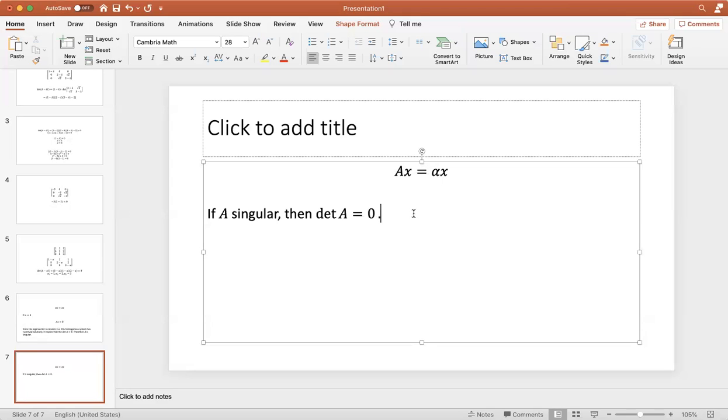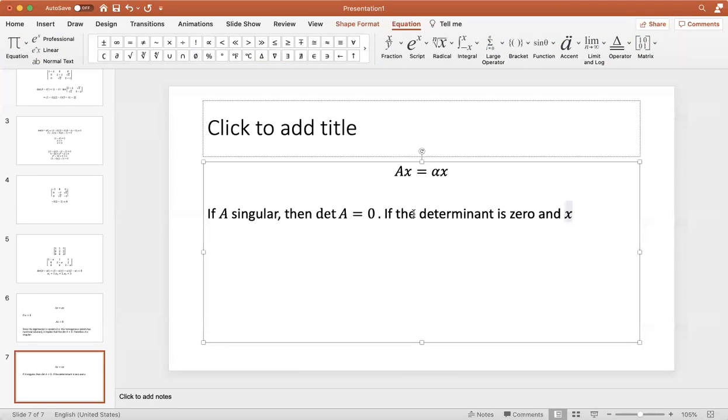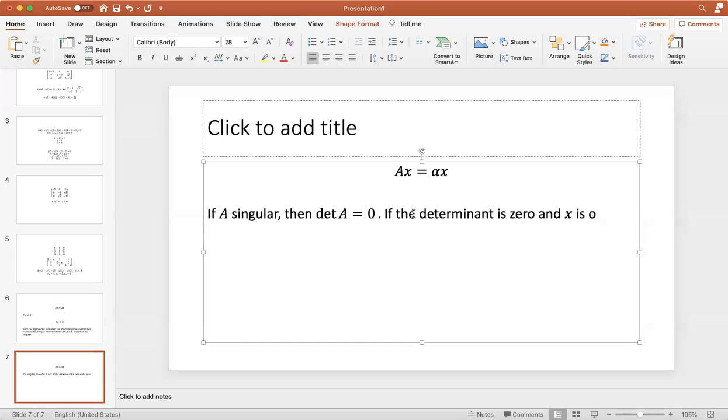This means that for this system of equations, if the determinant is 0 and X is non-zero, okay?